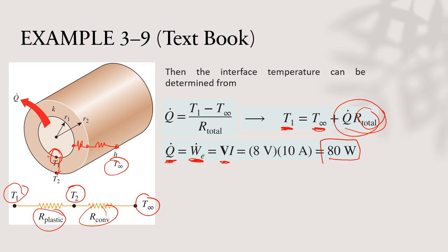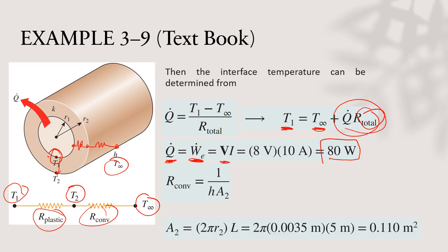So now we want to know R total. For R total, we have R convection and R plastic. So we calculate R convection, which is 1 over h A sub 2. We know h from the equation, but we have to calculate A2. We know the radius, so we can calculate A2.